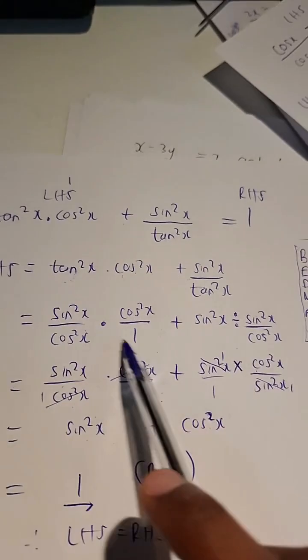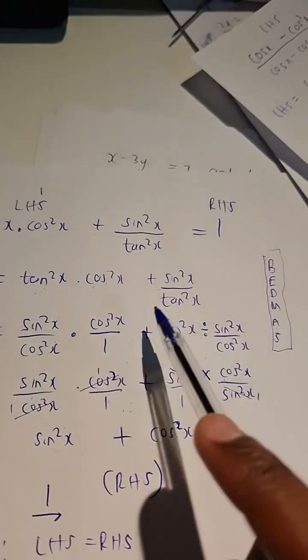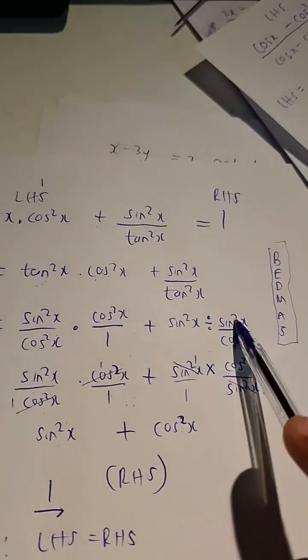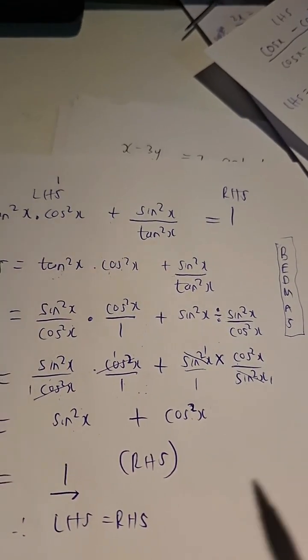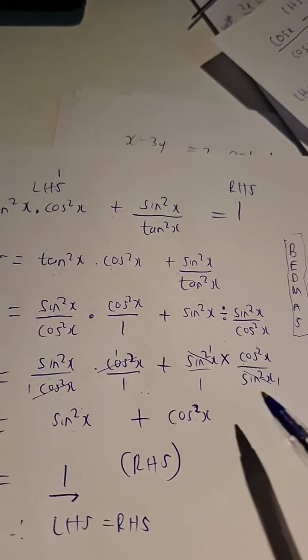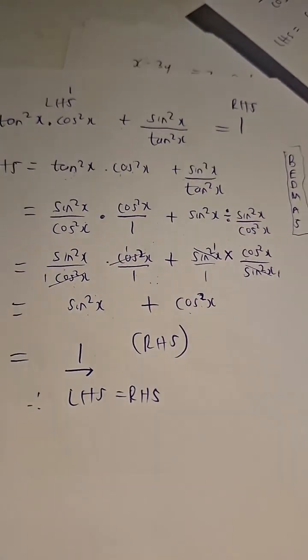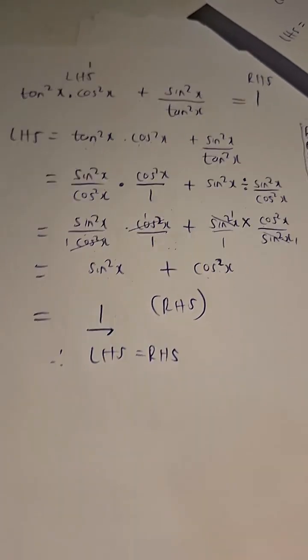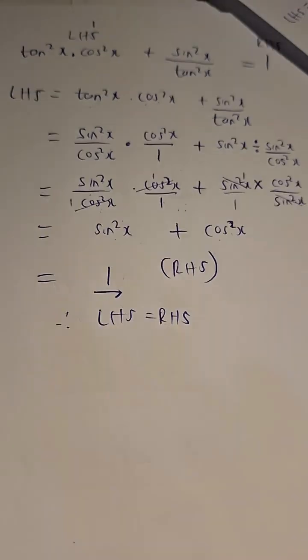We could see BODMAS is crying. Multiplication wants to be done. Division wants to be done. Addition was going to be taken care of later if there is anything that has to be added. But obviously, it led us to another identity, and then we were able to get our final amazing right hand side, which is 1, as we had required.